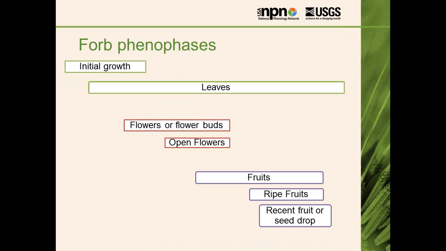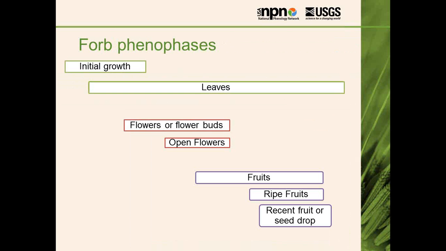Okay, moving on to form phenophases. These are a bit different than the deciduous phenophases. So the first phenophase that you would record, initial growth, captures the same information as breaking leaf buds, where it's that first spurt of growth that happens at the beginning of the season.